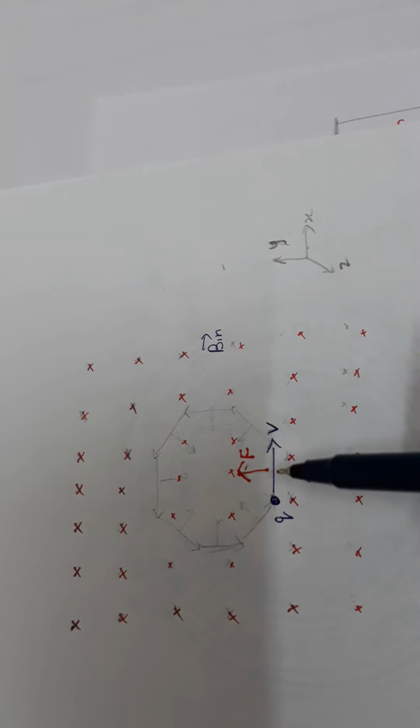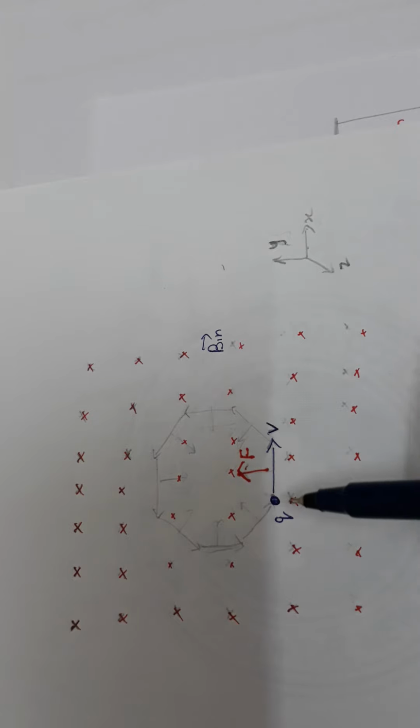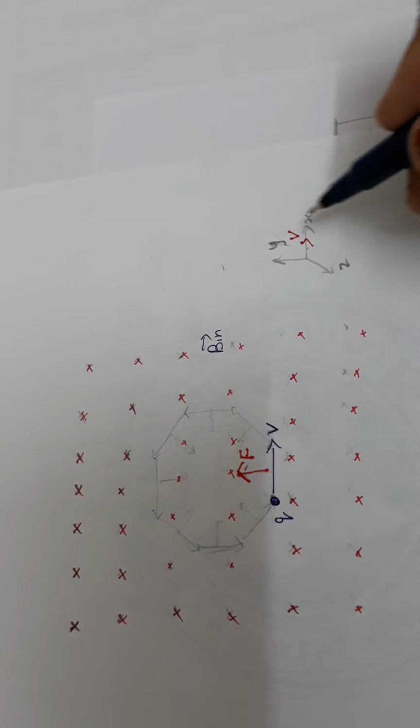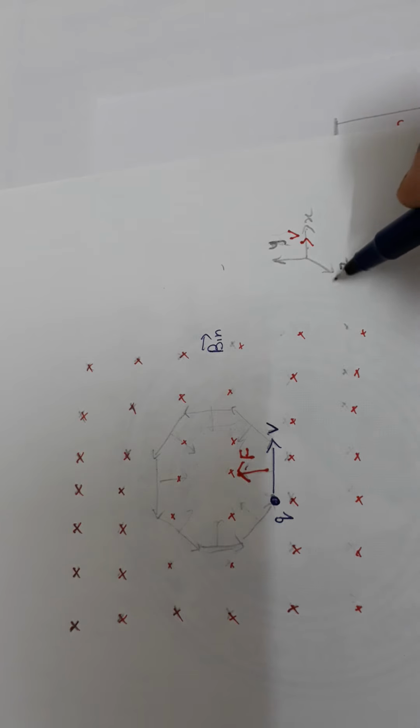Now what happens is, this charge will experience a force F perpendicular to both B and V. The charge has velocity along the x axis, and the magnetic field is acting into the paper, along the z axis.